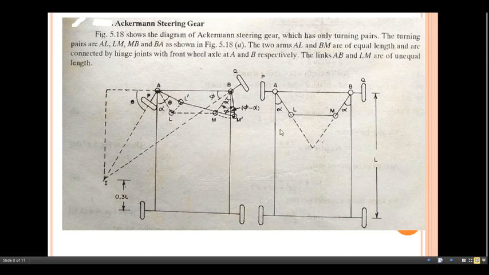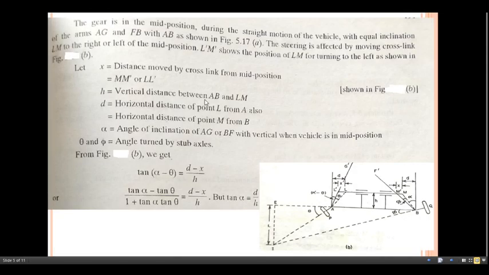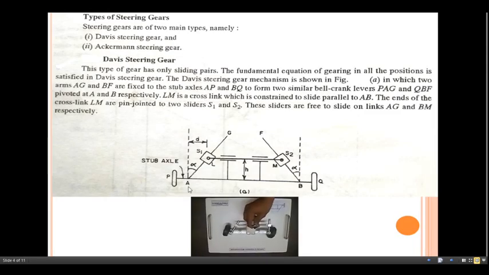In this figure, the diagram shows the Ackermann steering gear, which has only turning pairs. If you compare with the earlier case, that consisted of a sliding pair. One arm is shown here, another arm is here.